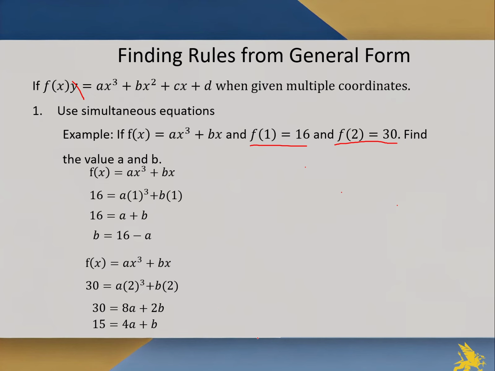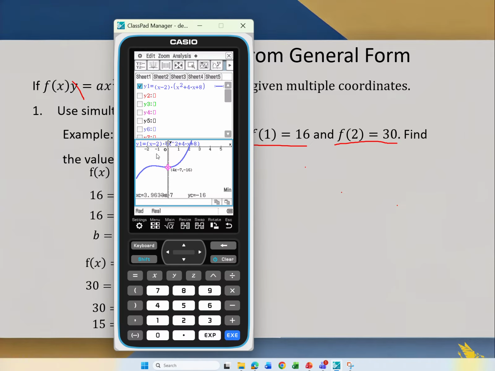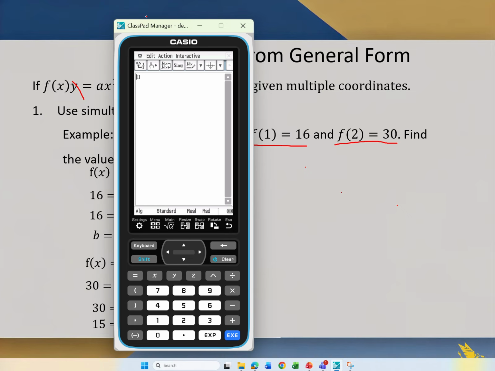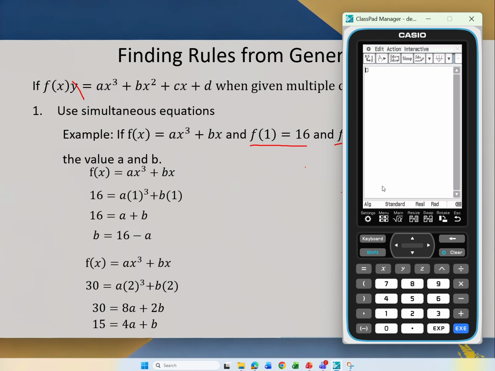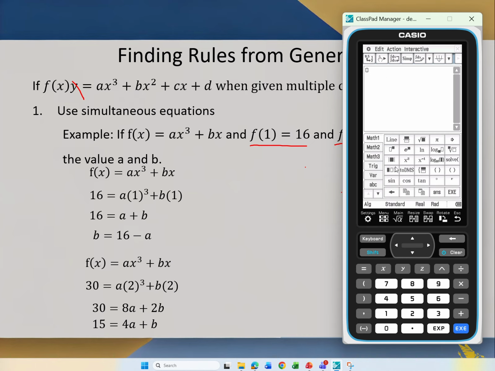There's two ways I can solve this. The first way, if we are using ClassPad, I can go into menu and main, going down to keyboard and the simultaneous button in Maths 1. And then I can just type what I'm wanting.